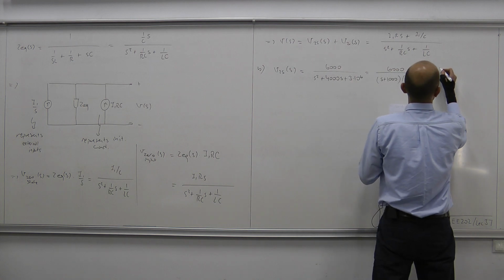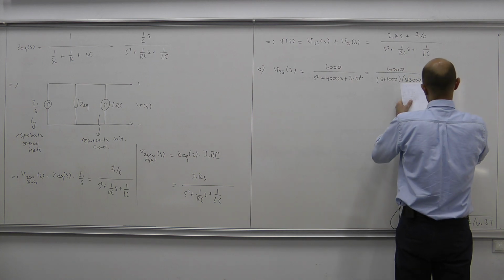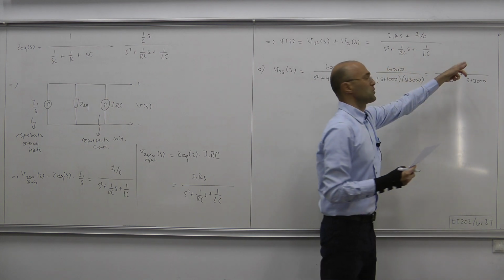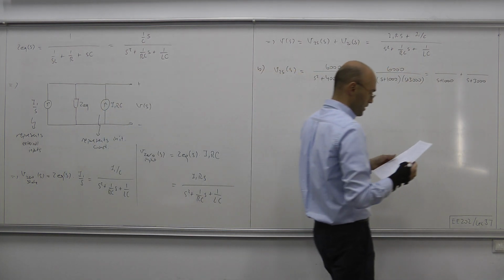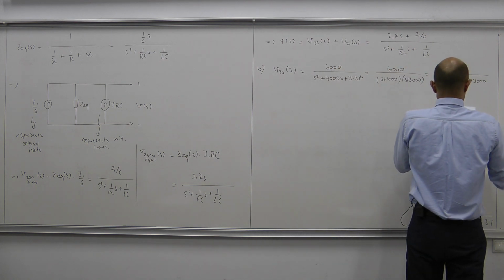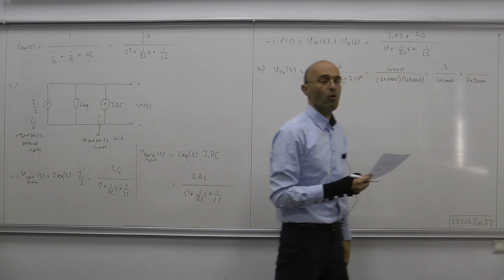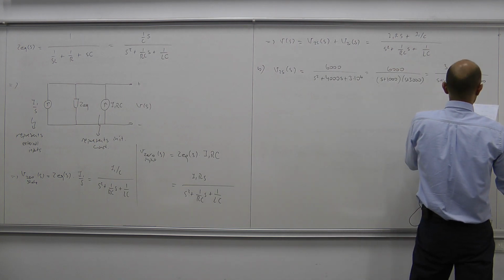which can be written as something over S plus 1,000 plus something over S plus 3,000, and those somethings we're calling the residues. The residue for the pole at minus 1,000 is 3, and the residue for the other pole at minus 3,000 turns out to be minus 3.